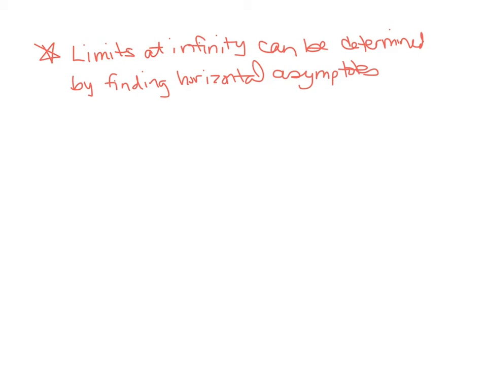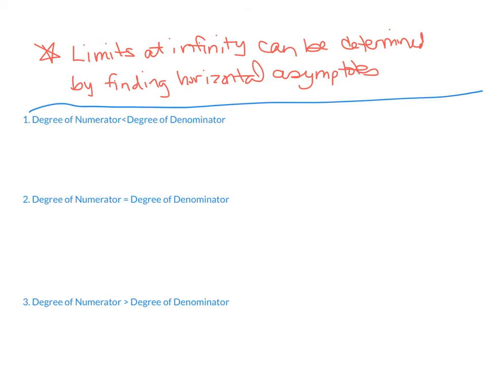So let's go through these. The first case is when the degree of your numerator is less than the degree of your denominator. In this case, your limit is always going to equal 0, which is the same as when you're finding the horizontal asymptote.